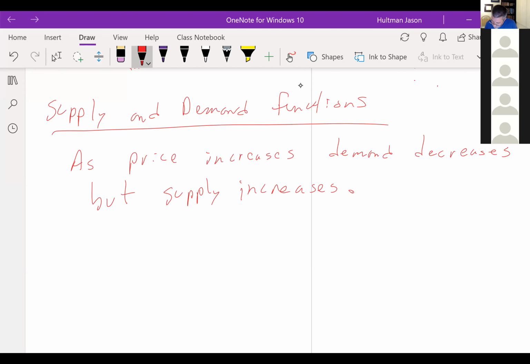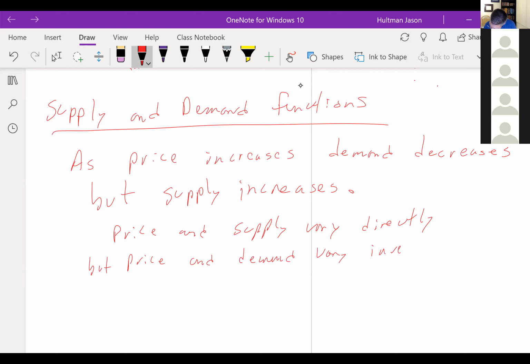Okay, supply increases. So price and supply vary directly, but price and demand vary inversely, there's an S there, inversely, okay, and supply and demand vary what?